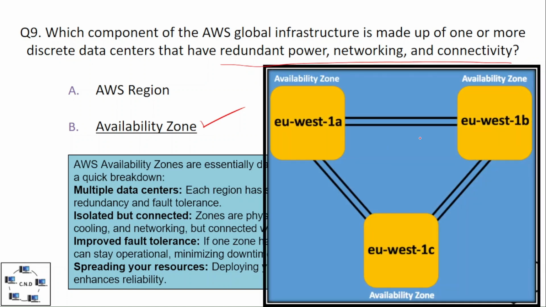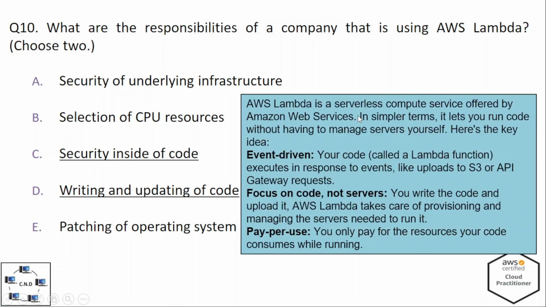So let's see the availability zone in action. Here we can see we have multiple availability zones, and these are basically connected through redundant low latency links. Let's suppose you have an application, app1, and it is deployed across multiple availability zones.